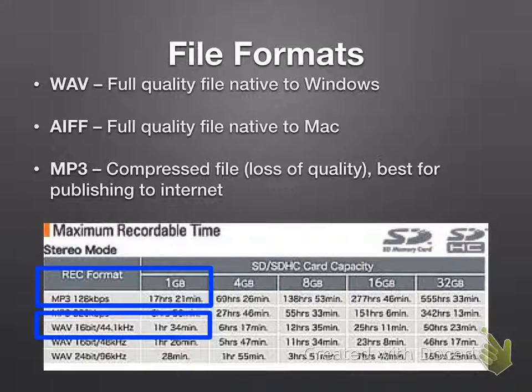As you can see down here at the bottom, MP3 at a decent quality, if you're recording to a handheld recorder, where typically there's a 1 gig SD card included, you have about 17 hours of recording, and that's very ample. However, if you're recording at CD quality, you only have an hour and a half of recording time. So if you do buy a portable handheld recorder, I suggest going with a higher memory card.